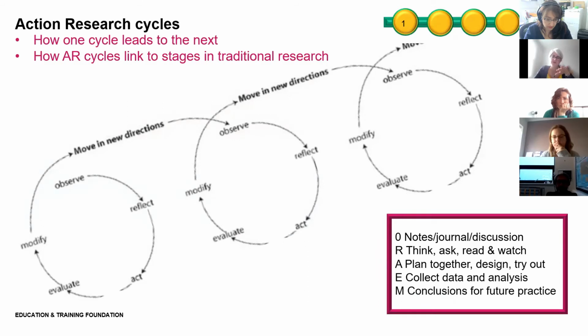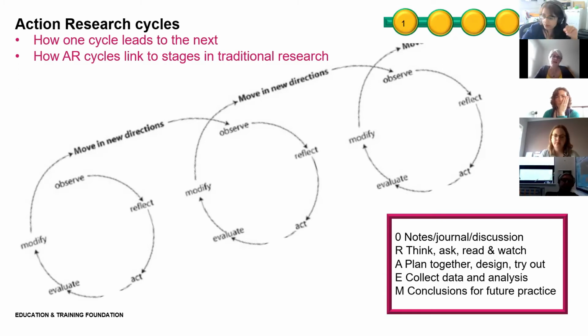I want a new focus. Or you think, okay, that worked well. I've modified my practice. It's worked well for 80% of my students, but there's 20% it doesn't really work for. So I've got to come up with something new for them. And then go round the action research cycle again, just targeted on one small dimension again.